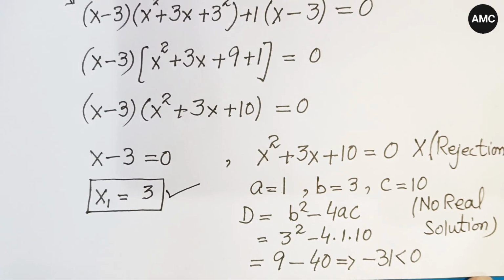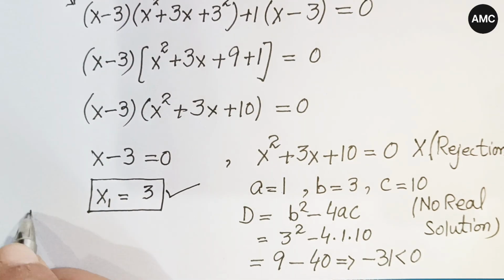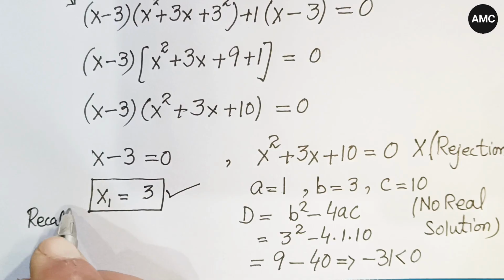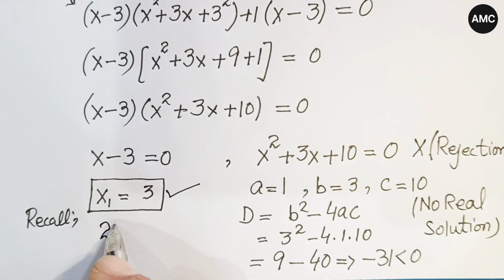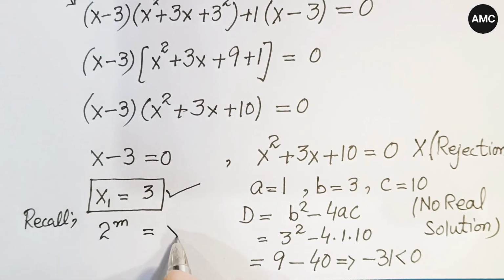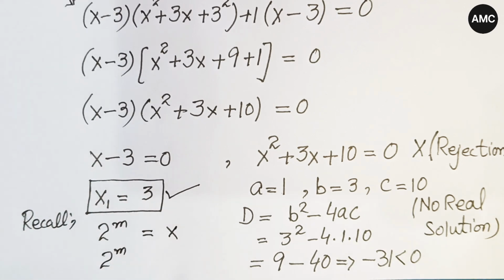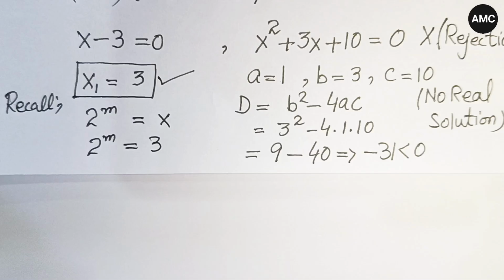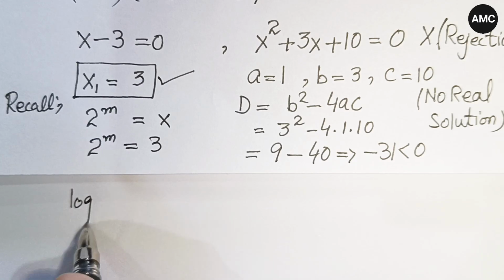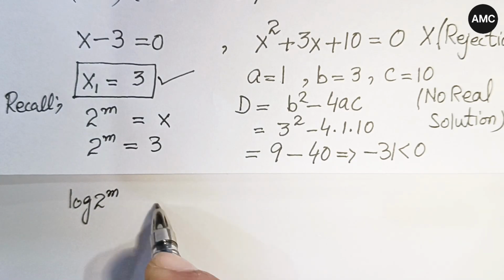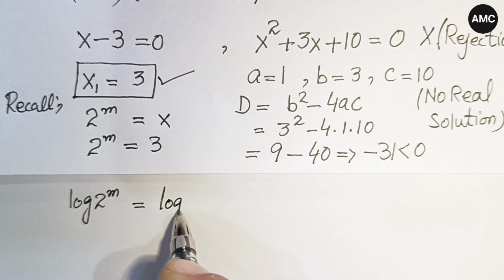So here we recall our substitution, that is 2 to the power m is equal to x. So here 2 to the power m, x is equal to 3. Now taking log on both hand sides, it will be log 2 to the power m is equal to log 3.